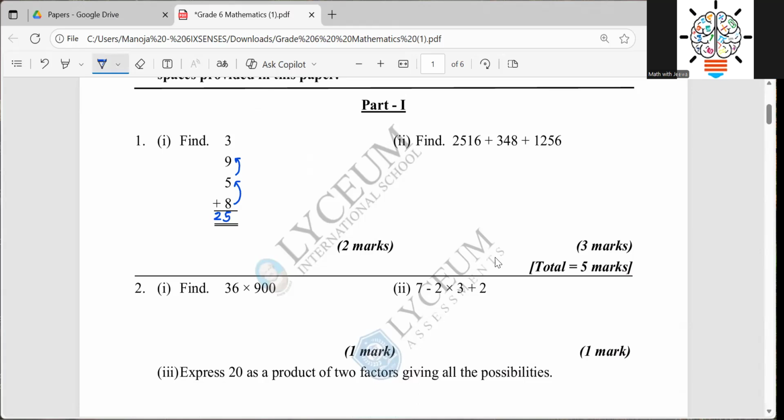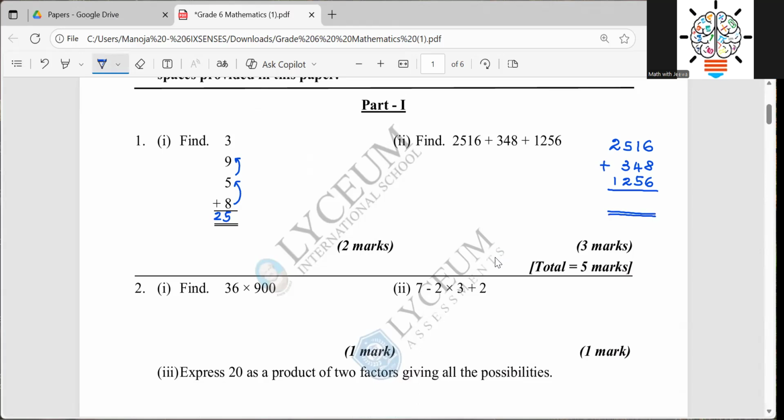And for this one, first, children, you write them in the vertical way: 2516, 348 and 1256, and you add like this.